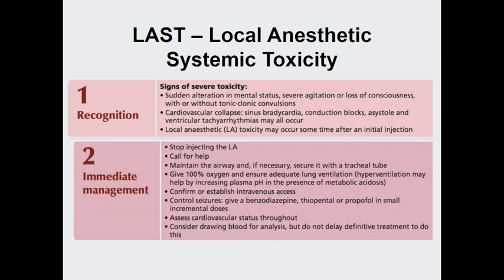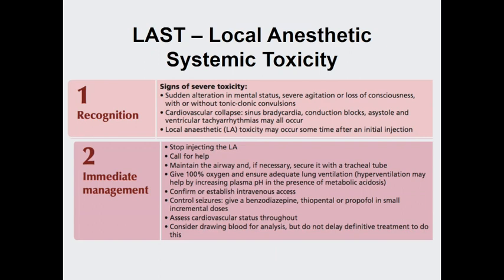This local anesthetic toxicity will not happen after spinal anesthesia, because there are no vessels into which we can inject the drug, but it can happen in each other regional block.